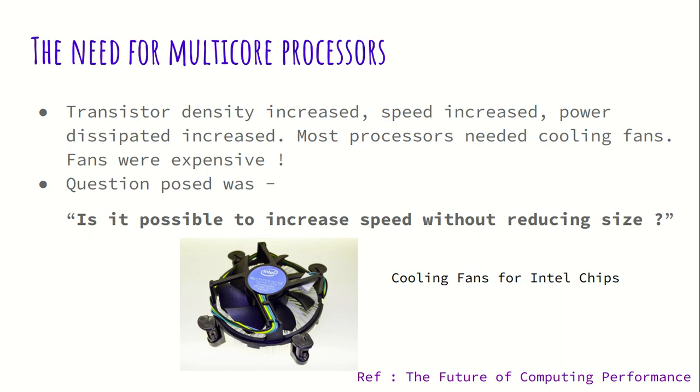Now, the key question posed was, is it possible to increase speed without reducing size? This is the photo of an Intel fan which Intel uses for cooling its chips.